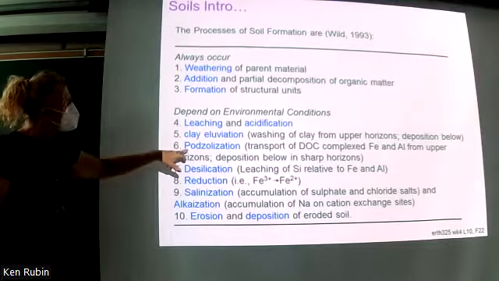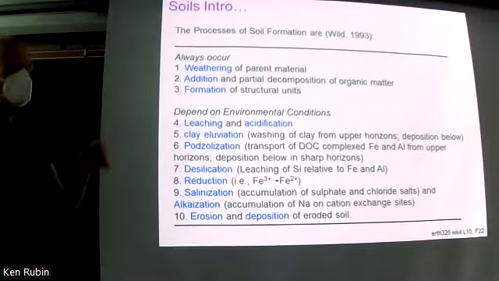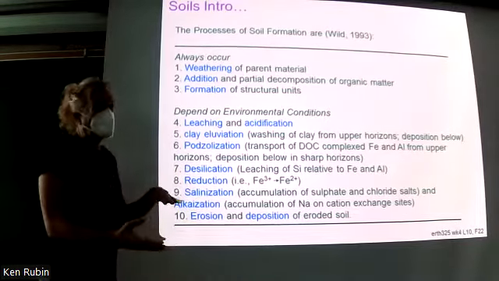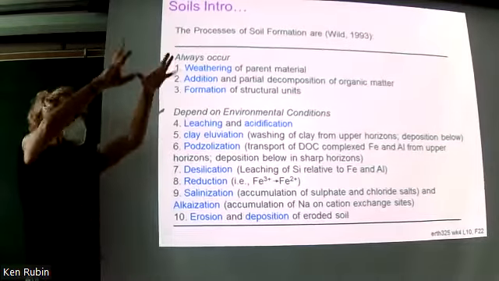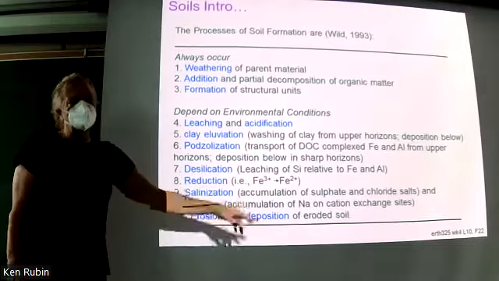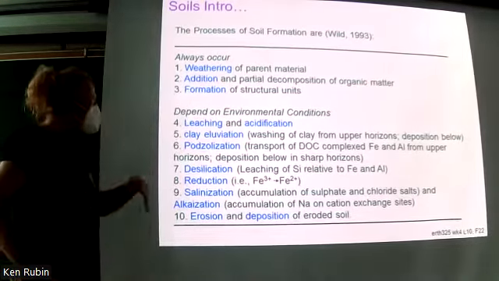You can podzolize, which means you're transporting dissolved organic carbon complexed iron and aluminum from upper horizons and then redepositing them lower down. And this is part of what helps develop these structural units, this transport of chemicals down. We can take out silica, we can have reduction from oxidized states to reduced states as we get farther from the atmosphere.